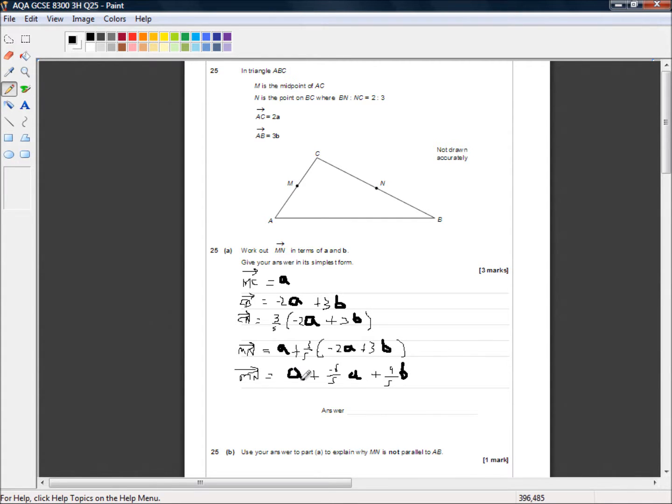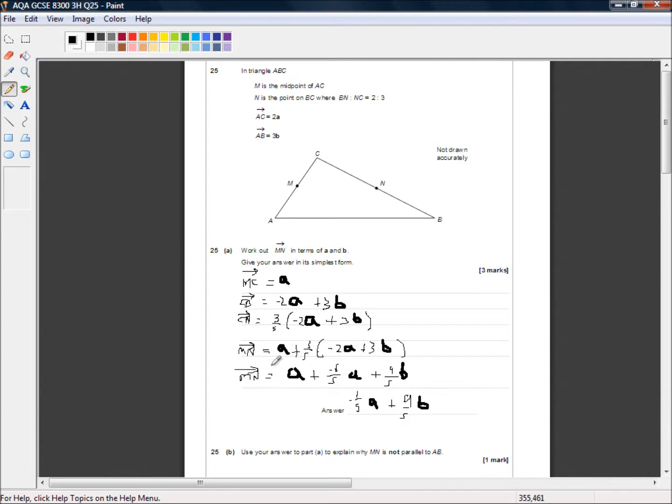So the answer is, okay, a is going to be the same as 5/5 of a, minus 6/5 of a is negative 1/5 of a. So that's negative 1 over 5 a plus 9/5 of b.